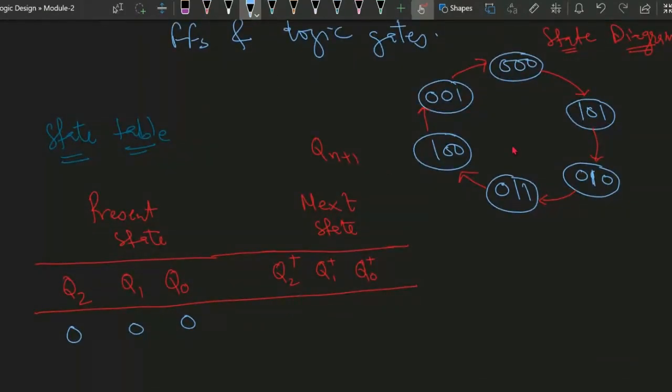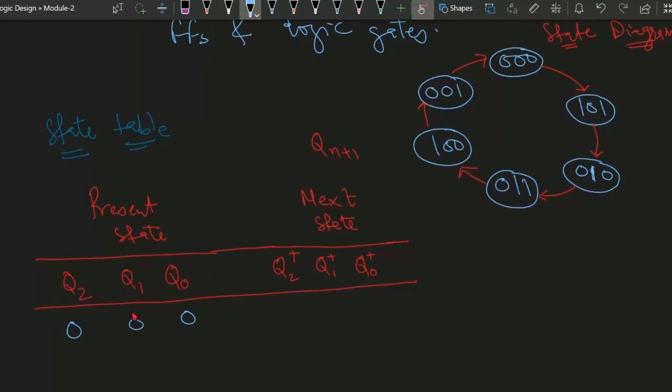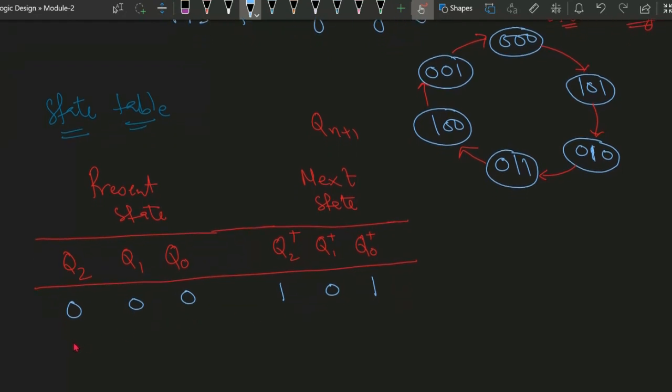With the help of a state diagram, you can see this is the present state. So what will be the next state? If it is at 0 0 0, the next state will be 1 0 1. Similarly, okay, one more thing. We will be considering all possible combinations, because this is considered as the 3 inputs.